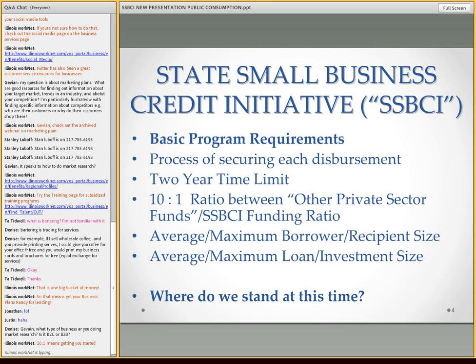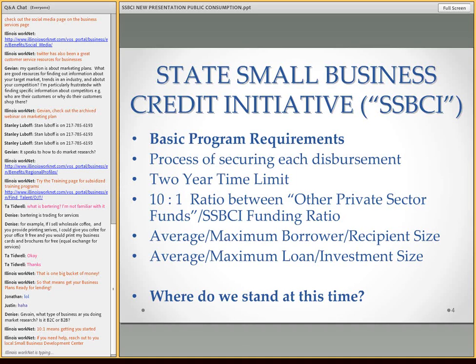When we talk about small business, we're talking about actually pretty large small businesses. The average size of the borrowers is 500 employees. The maximum under the Capital Access Program is 500 employees. However, under our other programs, although the average is 500 employees, the maximum could be as high as 750 employees.